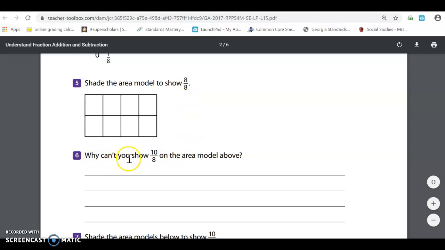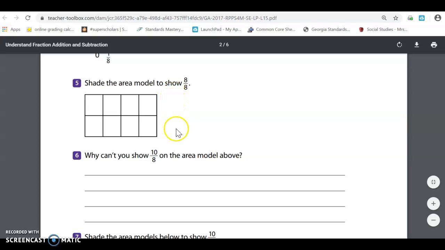It says, why can't you show 10/8 on the area model above? Let's think about it. We have 1/8, 2/8, 3/8, 4/8, 5/8, 6/8, 7/8, and 8/8. But I'm trying to get to 10/8. That lets me know, guess what I'm going to have to do, class?